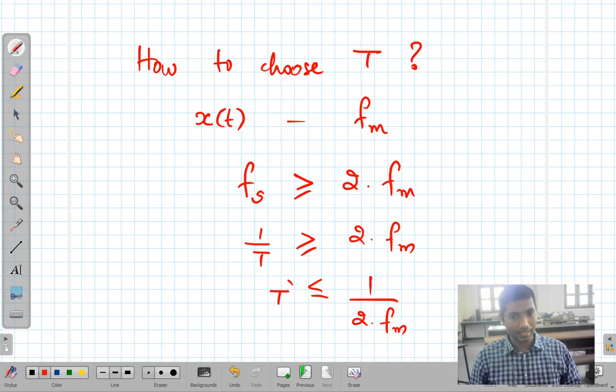So you select a sampling period which is less than or equal to 1 by 2 fm.